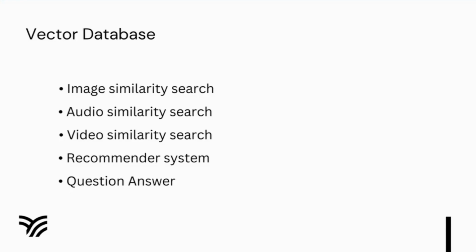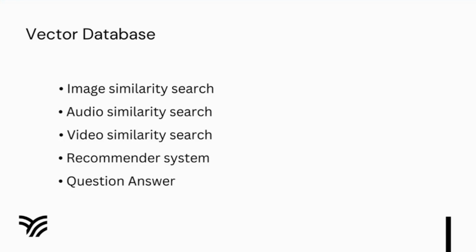The fourth one is the recommender system. In the recommender system, the vector database stores all the users' activities and different events, and according to those events, it recommends content to the end user. The fifth one is question answering.